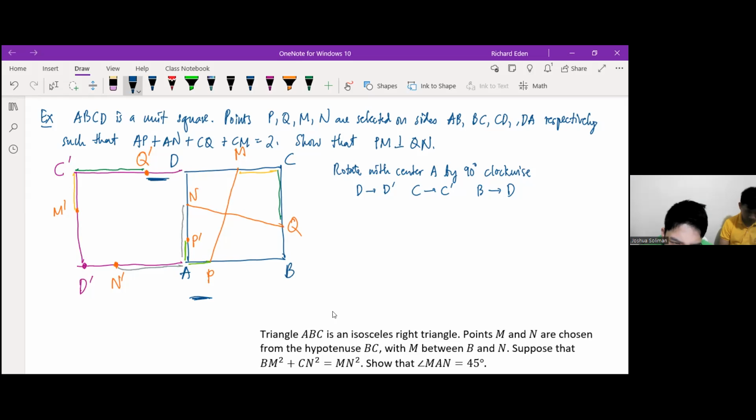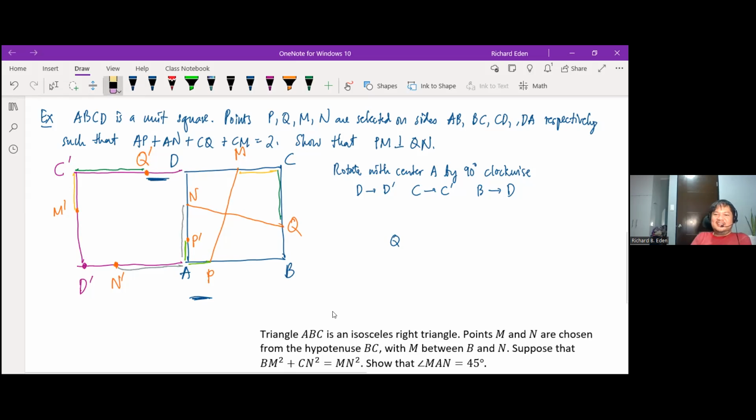But can we prove that Q prime D plus DM has the same measure as AP plus AN? I think so. Yes.